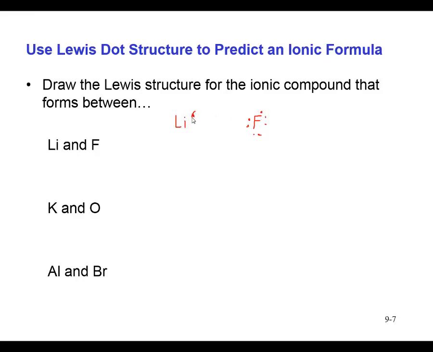As we form a compound, the lithium's valence electron is transferred, and we form a cation from the lithium and an anion from the fluorine. So we form the lithium cation. The lithium cation is going to have a positive charge with no valence electrons, so there's no dots around it, and there's no lines drawn to the lithium cation. So just remember, don't draw lines to your cations in this case.